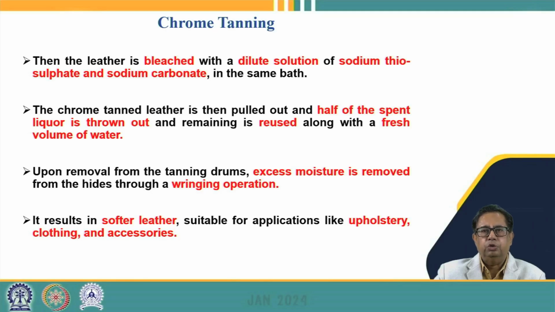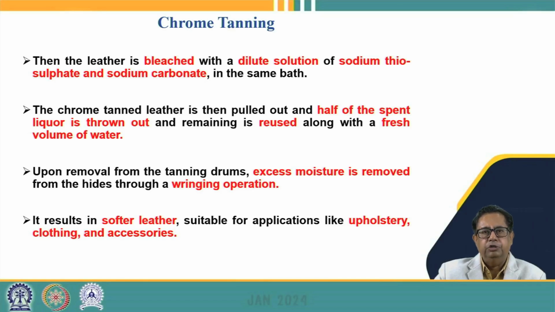After this, we may throw out half of the spent liquor from the chrome tanning process, and then we can reuse the other half with a fresh volume of water. The liquor thrown out from the chrome tanning process may contain a lot of chromium salts, which is a matter of concern and it should be properly treated before safe disposal.